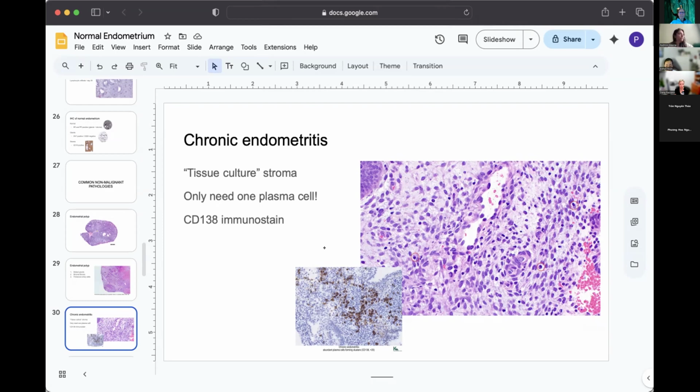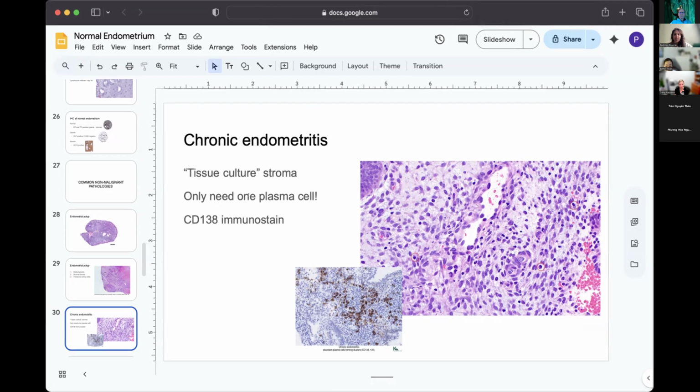I was taught that if you suspect chronic endometritis, spend 5 minutes looking at high power. And if you don't find it then, and you really do suspect it, then you can do the stain. Or it's just not there, because 5 minutes should be enough time of really looking carefully at this slide.